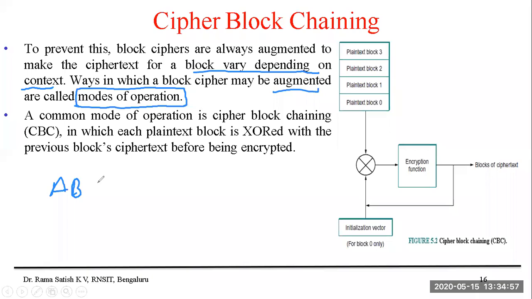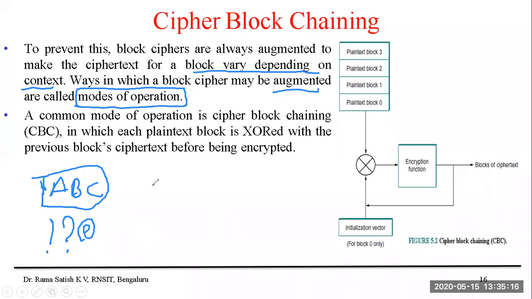Imagine I have ABC, and this is a block. This block is converted to an exclamation mark, a question mark, and an at symbol. If it is converted like this, what happens next?